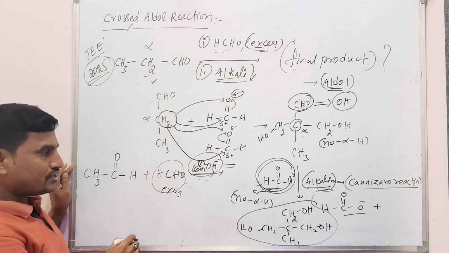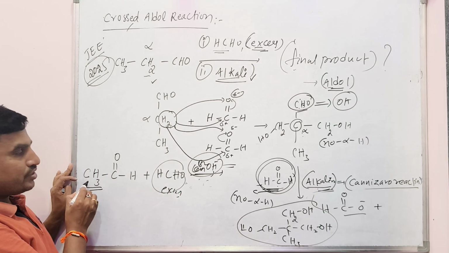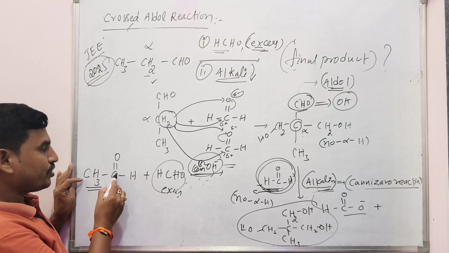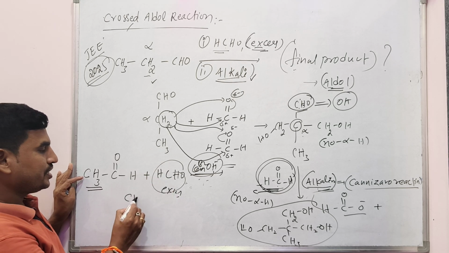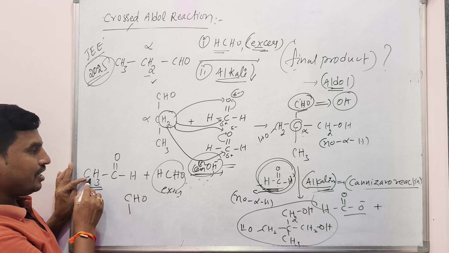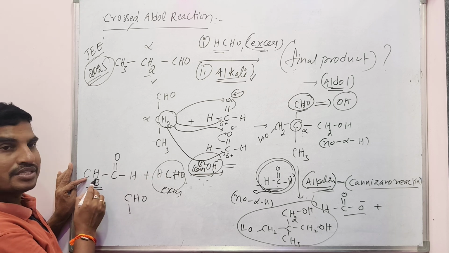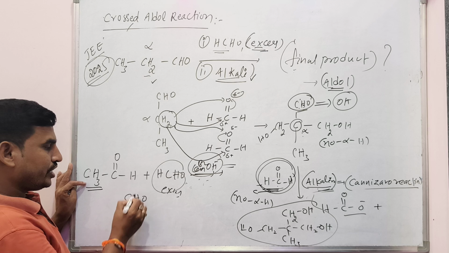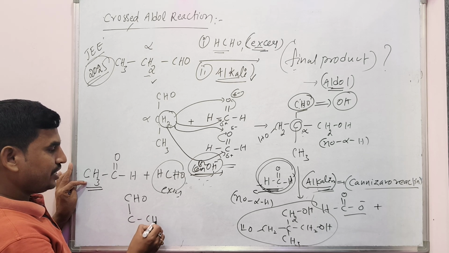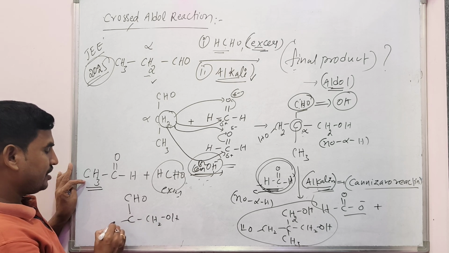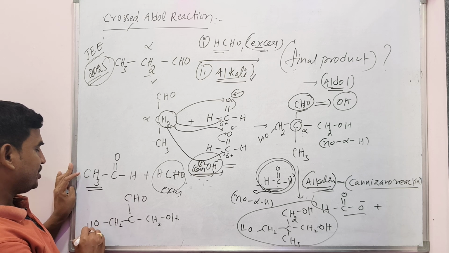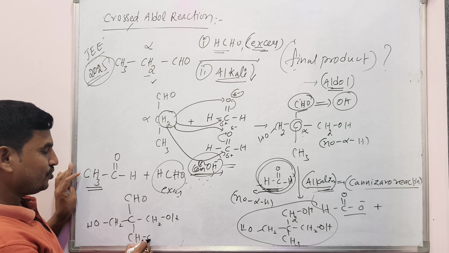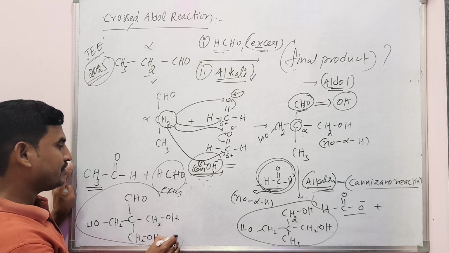If excess, how does it react? Three alpha hydrogen atoms are involved here. That's why our product, from three alpha hydrogens being involved, is a CHO carbon. The hydrogen is added here and this carbon is joined here, so that's why we get the CH2OH. Here also CH2OH, here also we get CH2OH. So this is the final product.